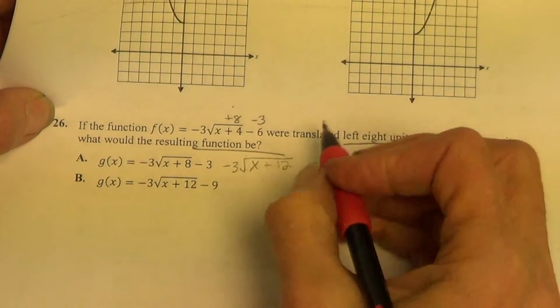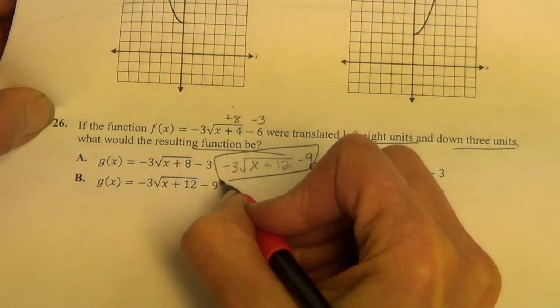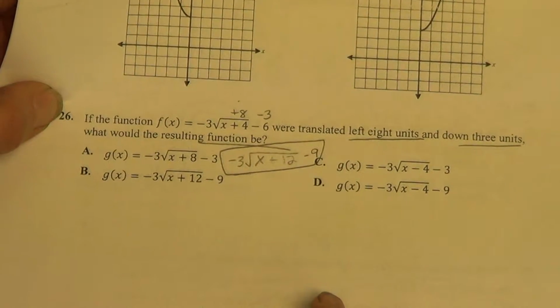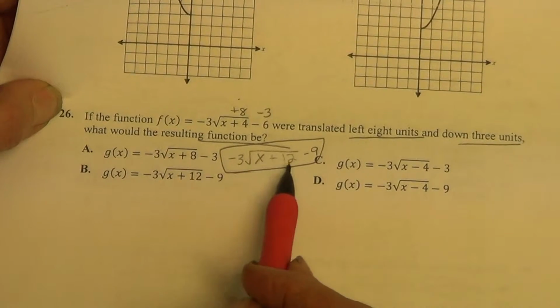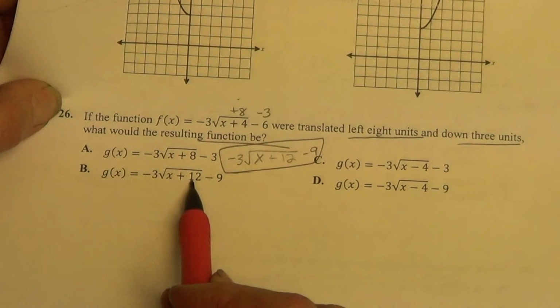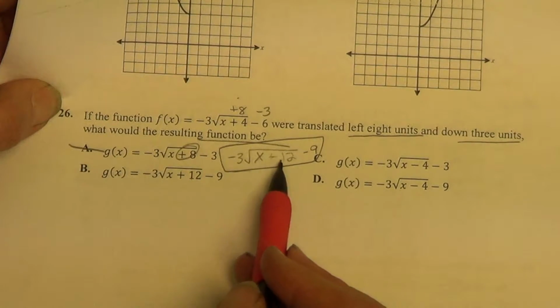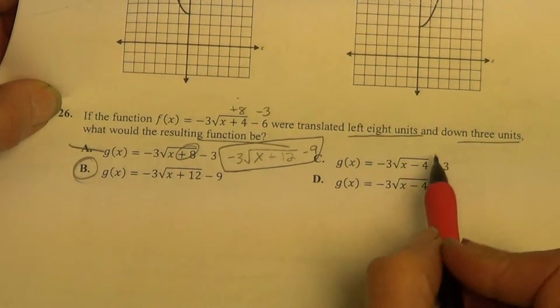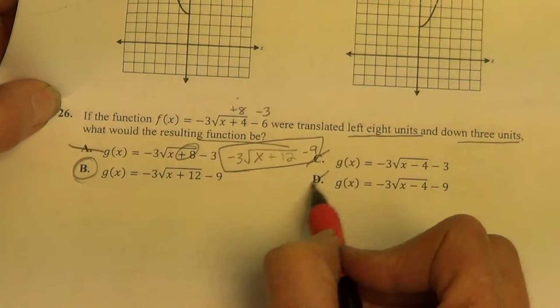Negative 3 and negative 6, negative 9. Okay, so all of these have negative 3 out front. Only one of them has a positive 12 in there. This has positive 8, that's out. This one has the correct. This one didn't shift at all, hardly. So that's where we get it.